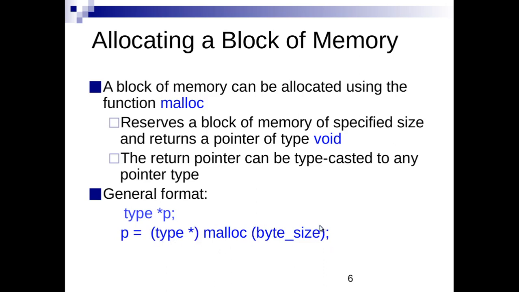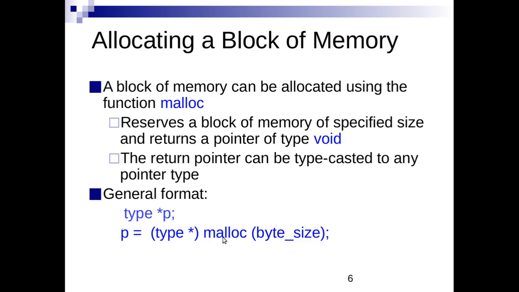The argument of malloc is the number of bytes that you need to allocate. Malloc allocates that many bytes and returns a pointer to the first byte of this allocated block. This block is always contiguous in memory.